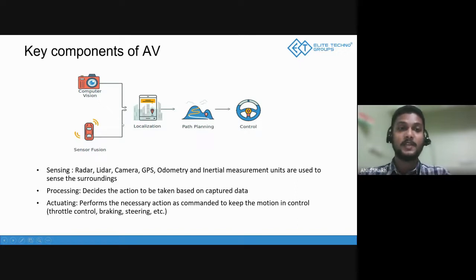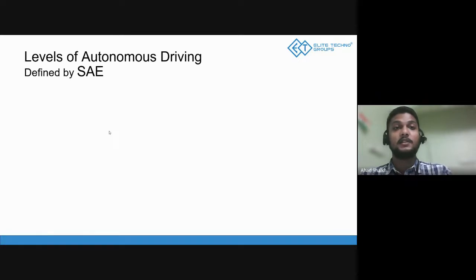This is a very deep technical topic when we go to study it. After that, we'll move ahead with the different levels of autonomous driving defined by SAE. Now you know what SAE India is. They set the standards in automotive, aerospace, vehicles, and associated industries.